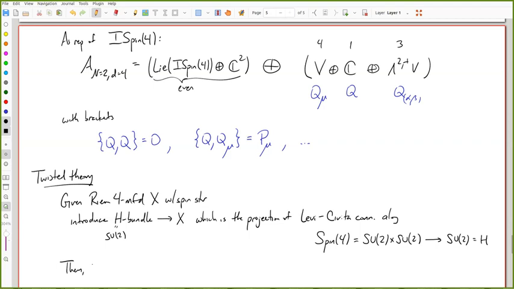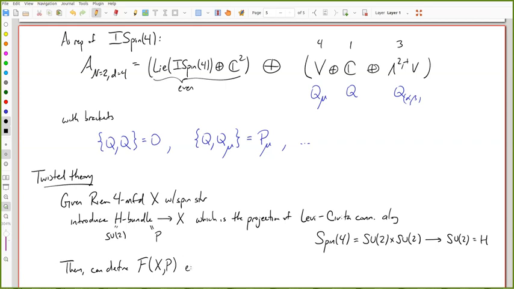So then, we can define the field space of X with this background H bundle. I didn't give this background H bundle a name. I should give it a name. I guess I'll call it P. So X with this background H bundle.